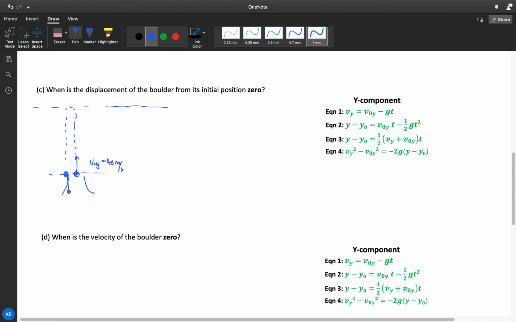Okay. So, here. So, you'll have given, napod kay another given, and then this time, you'll have Voy, 40 meters per second. Y sub O, initial height, 0, final height would be equal to 0. So Y minus Y sub O is equal to 0. So it's asking for time. Okay, equation 1, you cannot use this one, walay final velocity.